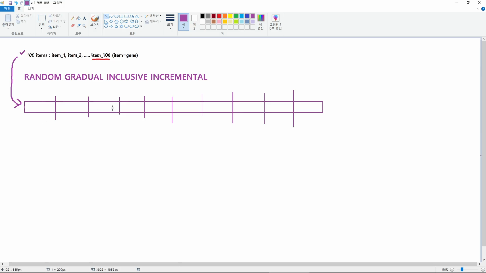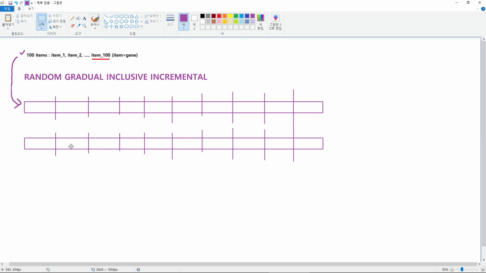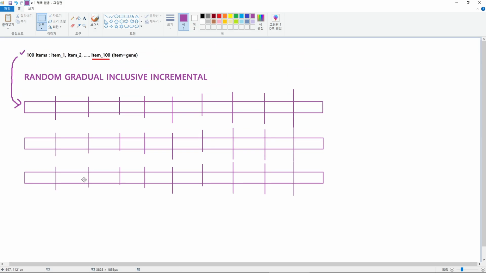Is that right? Yes, that's right. So, these are the items, these are the utility values, and these are the constraint values. I don't really need three rectangles or three bars, but I felt like it.